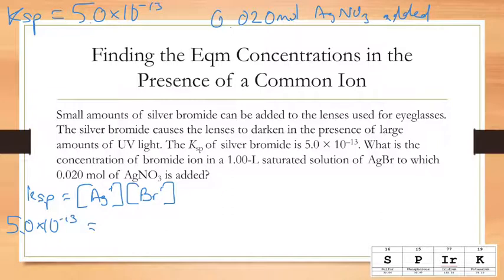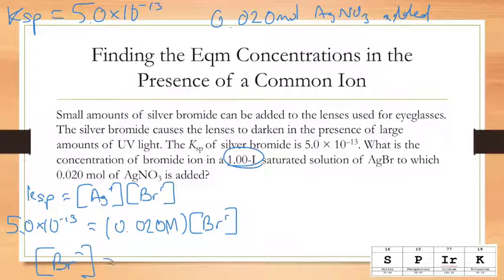And we know that we're adding 0.02 moles, and that this is also a 1 liter solution. So we have 0.020 molar times the concentration of the bromide ion, and that's what we're looking for. So we can just divide both sides by 0.020 molar to get the bromide ion concentration on its own.